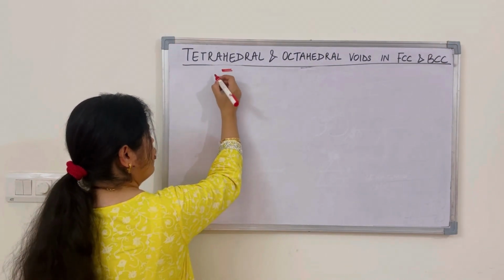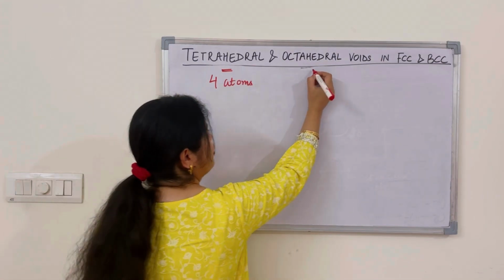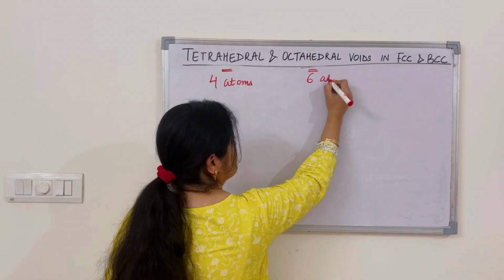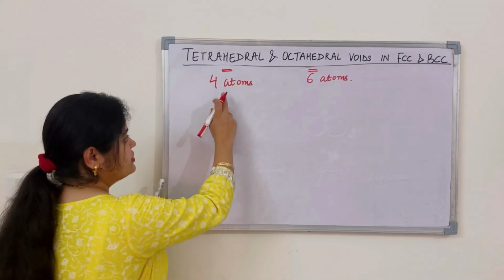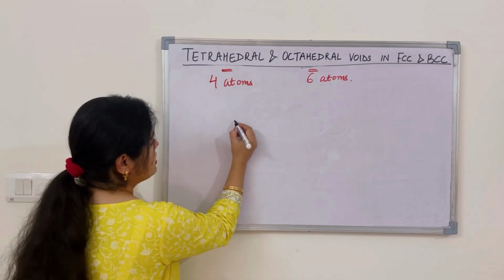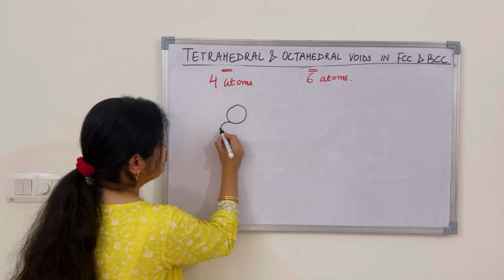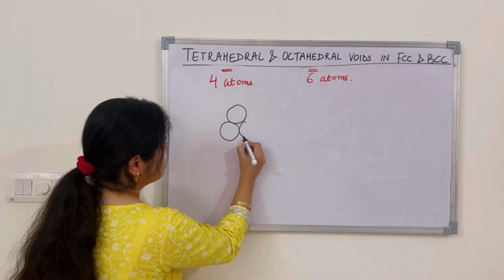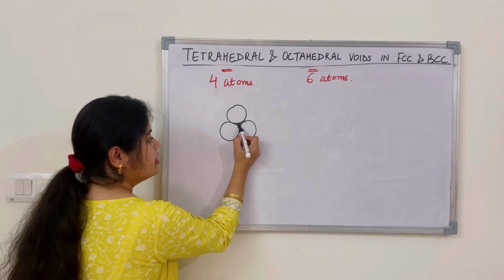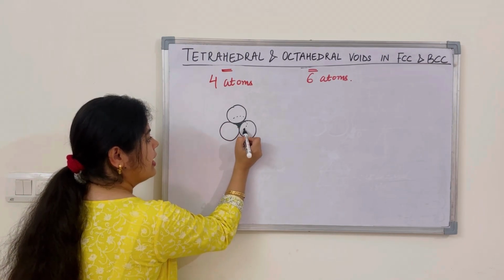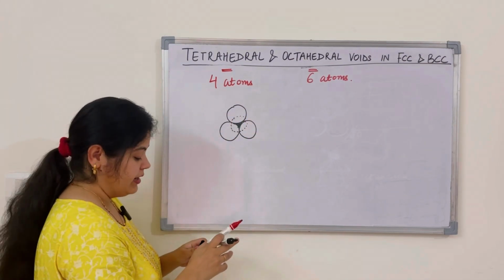Tetrahedral voids are formed with 4 atoms, whereas octahedral voids are formed with 6 atoms. Out of these 4 atoms, 3 atoms are in one plane. They are joined edge to edge, and the void created here is covered by another atom which is in another plane on the top of this plane.